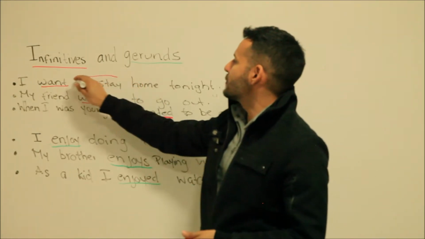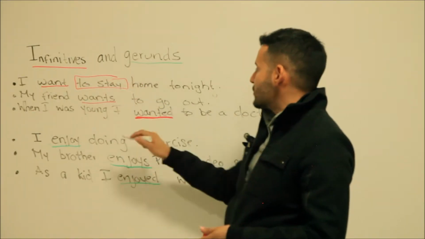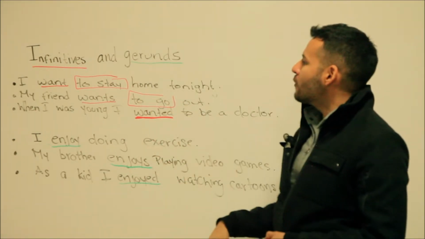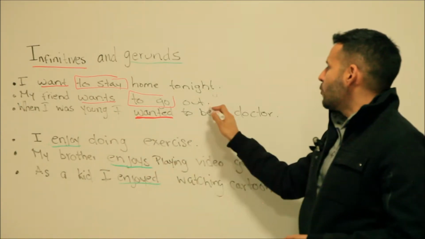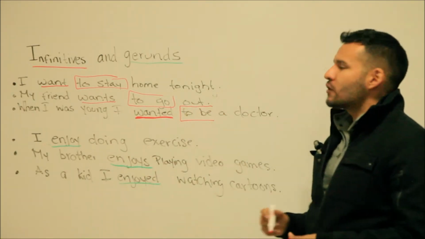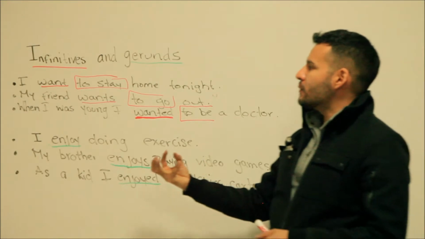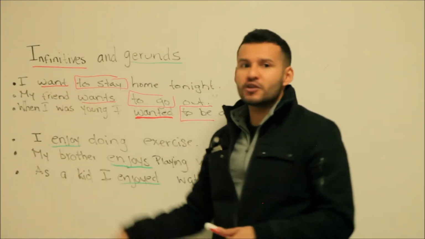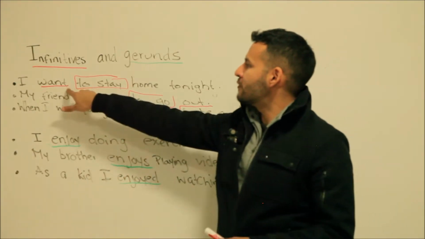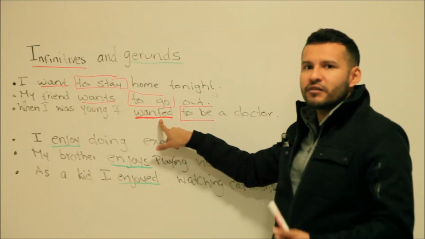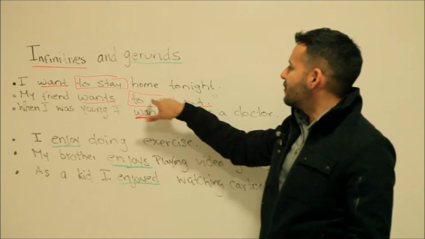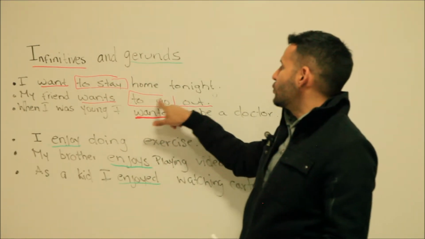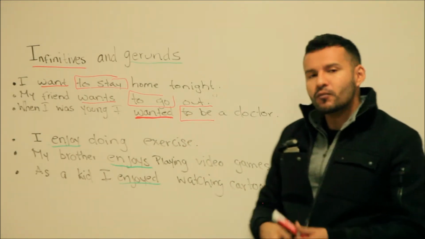In these examples, I want to stay home tonight, but my friend wants to go out. And when I was young, I wanted to be a doctor. So even though you're talking about different tenses and different subjects, only the first verb is affected by this. The second verb in all of the situations is an infinitive: to stay, to go, to be.